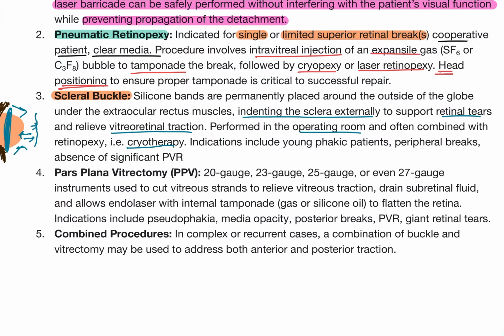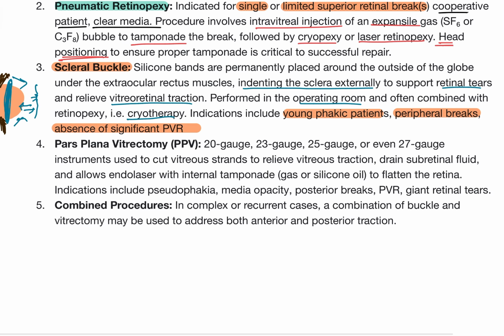So what are your indications for this? Young phakic patients, peripheral breaks, absence of significant proliferative vitreoretinopathy. Then, just for namesake, pars plana vitrectomy. You can use different needles. You cut out the vitreous strands using vitreous traction, drain the subretinal fluid, and then use endolaser with internal gas tamponade to flatten the retina.